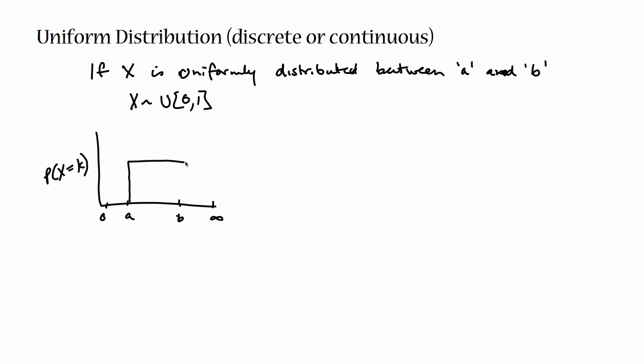For any k in between a and b, the probability is constant. It also means the cumulative distribution function, right? The probability that x is equal to or less than k. Here's 0, here's a, here's b, here's some big number. You're just going to get a straight line between a and b.